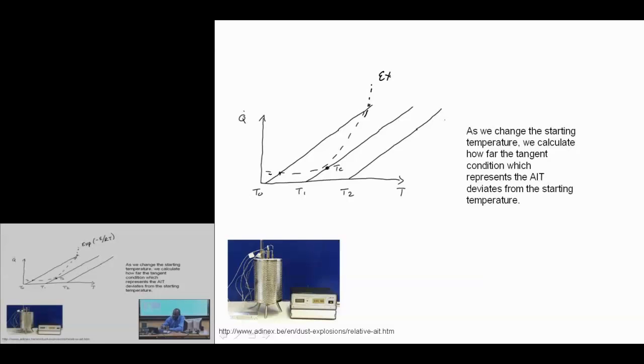Now, these lines here are the heat loss lines. And so what we're asking really is, if our reaction, so here's a case, at low temperature, our total amount of energy release is larger than our heat losses, so the system moves to this stable state.